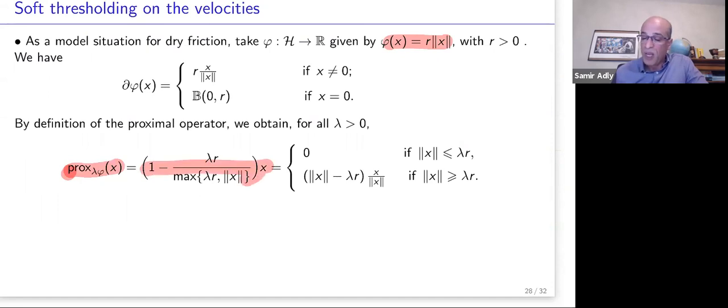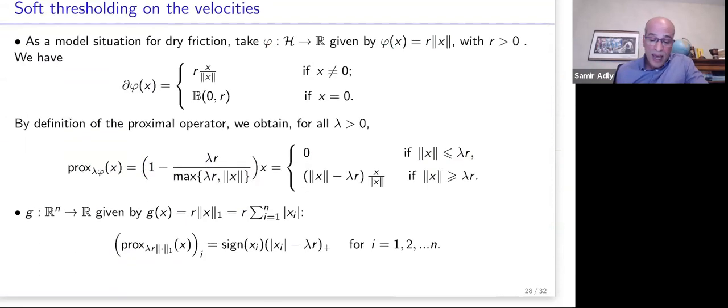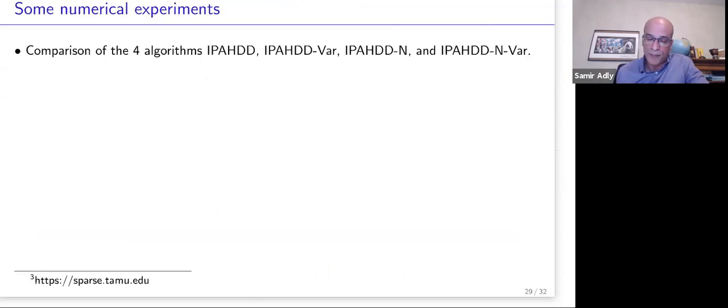If you are less than this, it is 0, and you have this anyway. And if the function that you want to minimize, which is not smooth, is also the norm 1, you can compute its prox exactly component-wise; we have a closed formula for that.